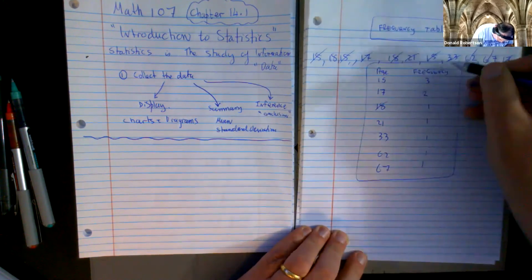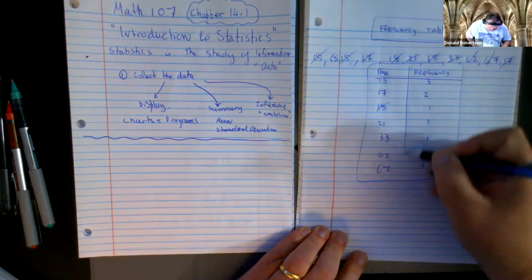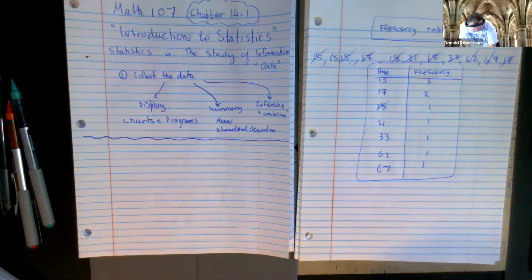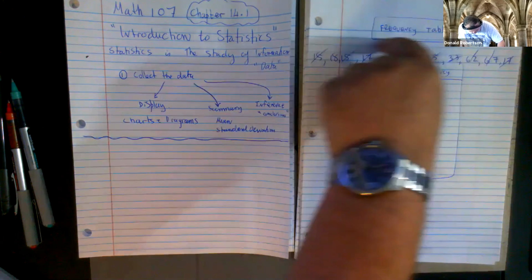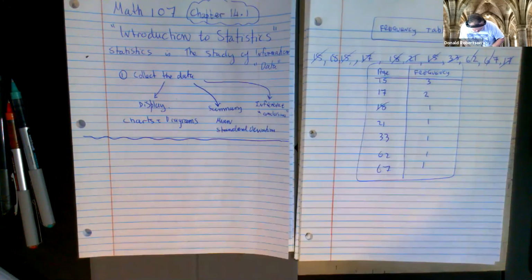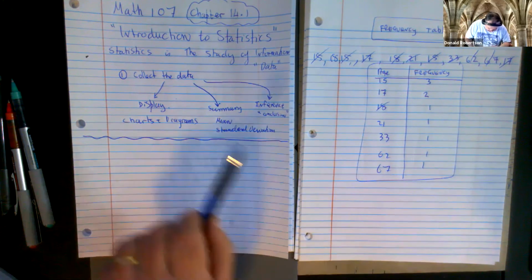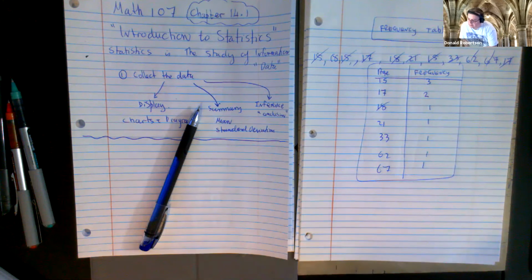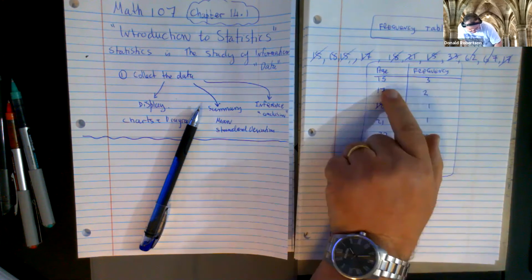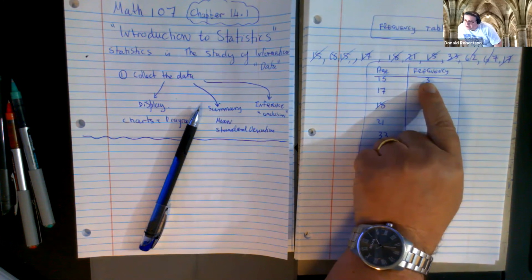Now, this is a very basic frequency table. But from jumbled up, when I've written it this way, do you get an impression of what the numbers look like a bit better? Can you see that we start off with quite a lot of 15s, right? There's 3 of them.